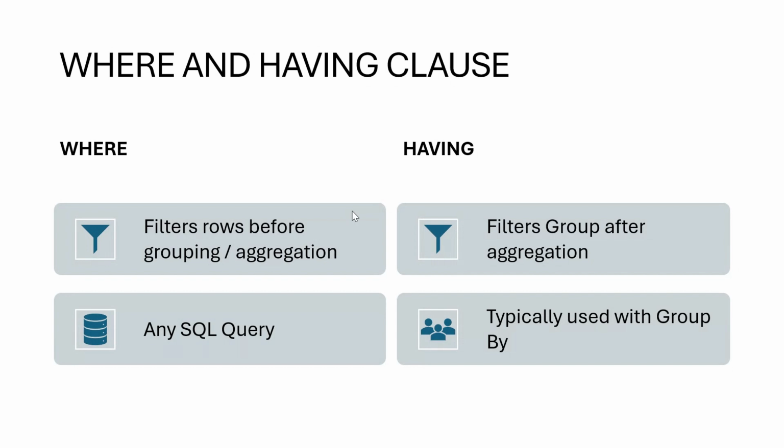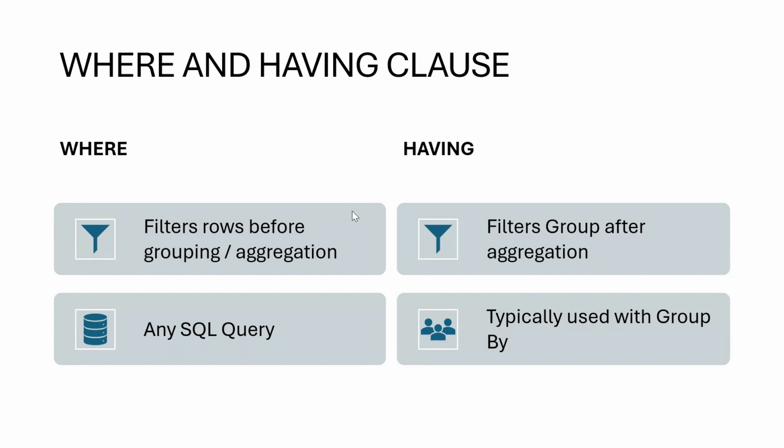And when you put the aggregation and groups, after that you can use the HAVING clause. So before putting any grouping or aggregation, we use WHERE. After putting any grouping or aggregation, we use the HAVING clause.